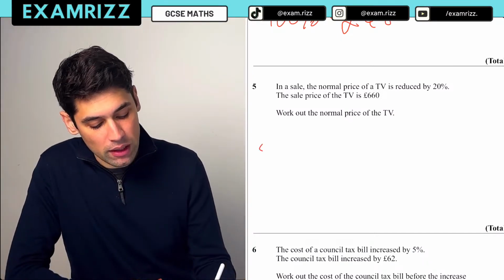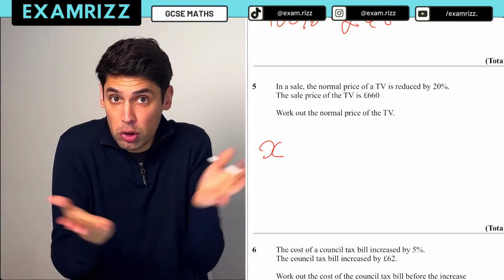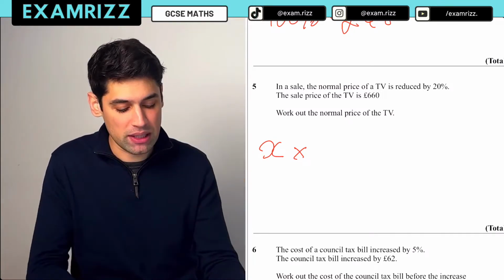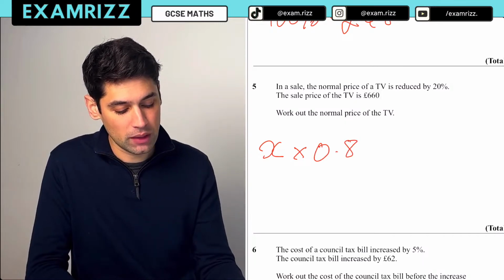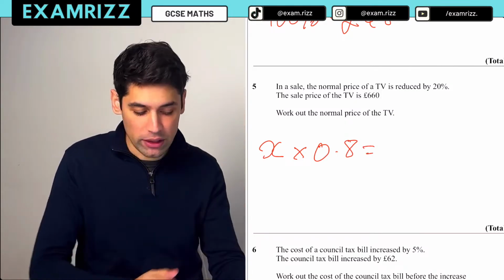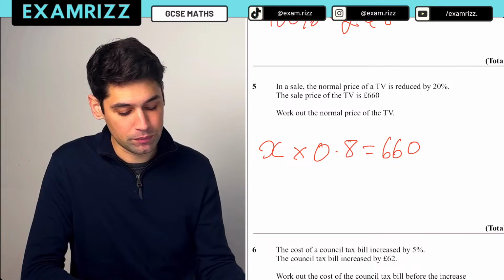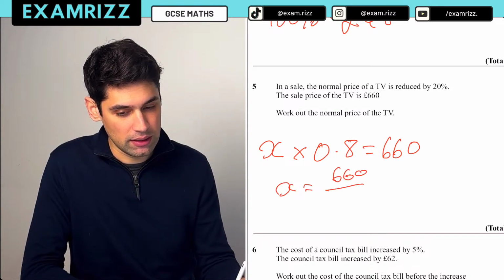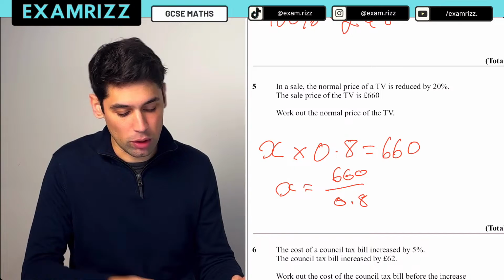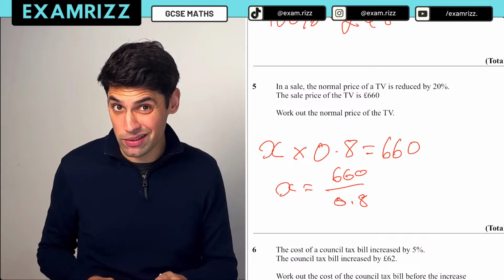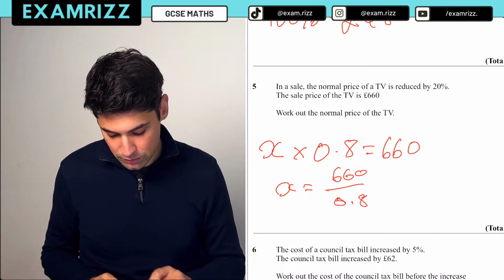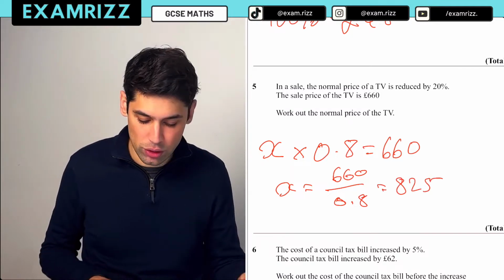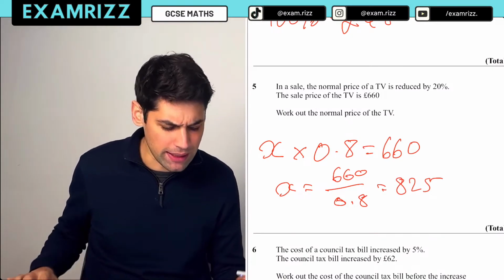So our formula is original price, which we don't know, so we're calling it X, times the decimal multiplier, reduced by 20% means 0.8, equals the new value, which we are told is 660. So therefore, X is going to be 660 divided by 0.8. Let's see if this gives us another nice number. Pretty nice. 825. I like 825. It's a decent number.